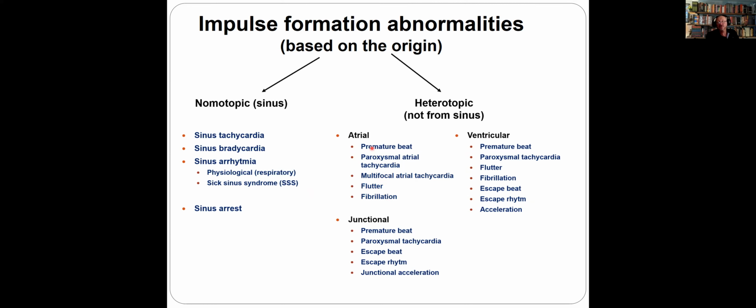Of course, in the atrium we don't have escape rhythm, because that's nodal tissue. However, in the ventricle we still have some nodal tissue, and that can cause an escape beat or escape rhythm. So this is what we have to differentiate.